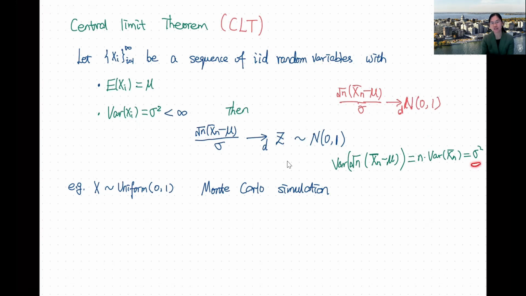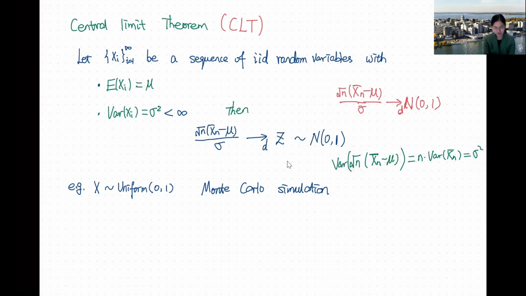So in the limit, you are bound to find a random variable that has a stable variance, a variance of sigma squared, because the variance of this is sigma squared for any n. The limiting distribution is bound to have a variance of sigma squared instead of 0. Okay, so that's why we scale it by square root n. Square root n is used to stabilize the variance of the sequence.